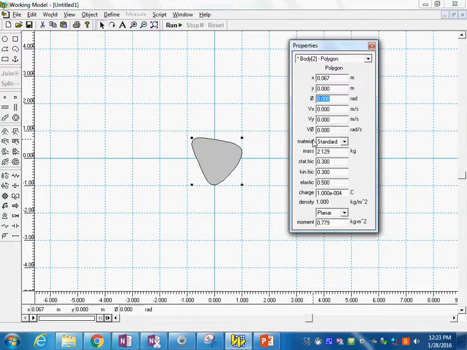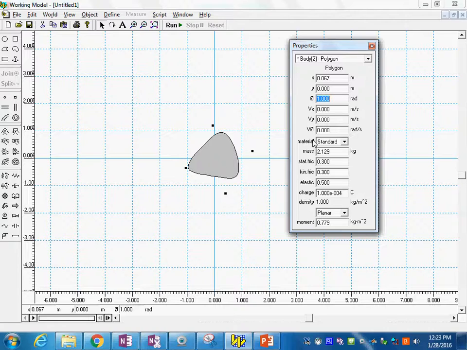No. So 1 radian is 180 degrees divided by pi. That would be the number of degrees for 1 radian, which is 57 something, right? See, if I put 1 in here, watch what the body does.